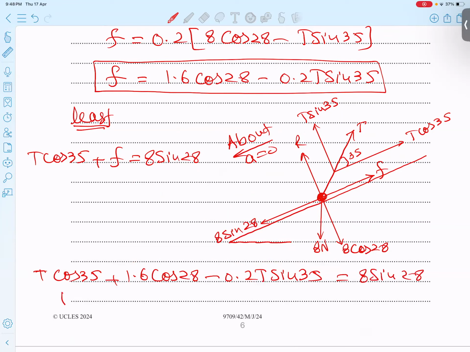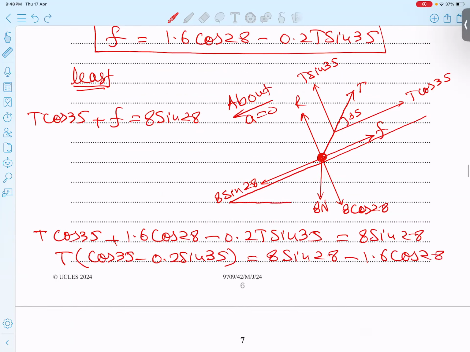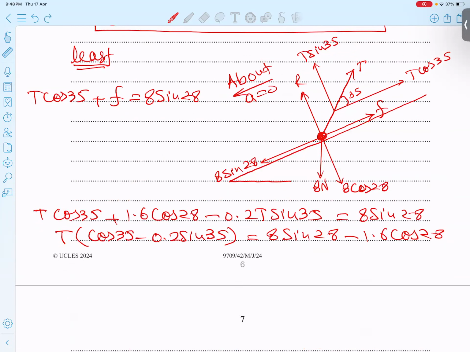Now, these two T terms we have, students. I will take T common out, and this will go here. So T times cos 35 minus 0.2 sine 35, which I got from here, equals 8 sine 28 minus 1.6 cos 28. Now, students, I'm going to divide it down and let me check it all in the calculator one time.